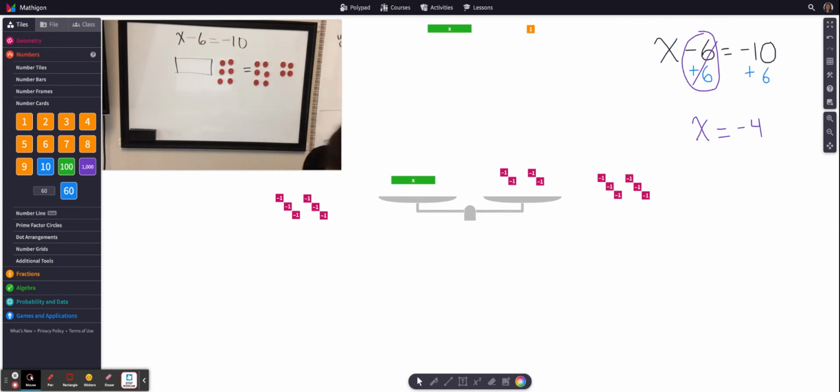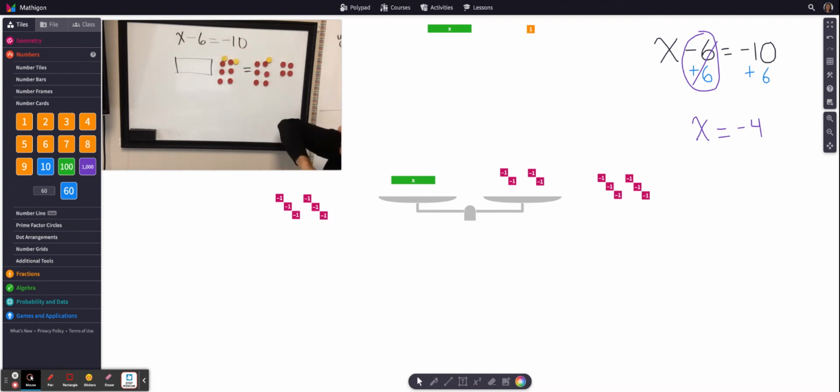What I could do is if I add 6 positive counters, right? If I add one there together, those are inverses of each other and they will create a 0, right? Negative 1 plus 1 is 0, but whatever I do to one side, I must do to the other. So there's another 0.